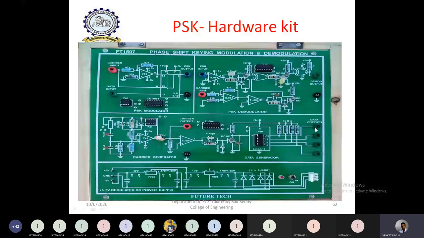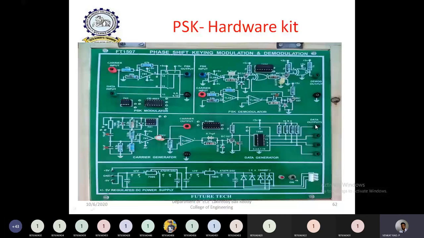So where is the clock generated? Here there is a transistor named BC107. The transistor output is nothing but the clock signal. When we compare this clock signal with the data input, you can clearly identify what the bit sequences are corresponding to this input data.